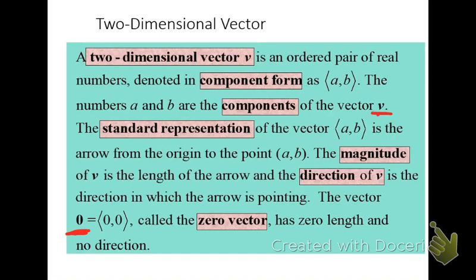I know that's kind of hard to show in your notes. When we have the zero vector, it means both components are zero, so it has zero length because it doesn't go anywhere. It also has no direction. Its magnitude is zero because the magnitude is the length.